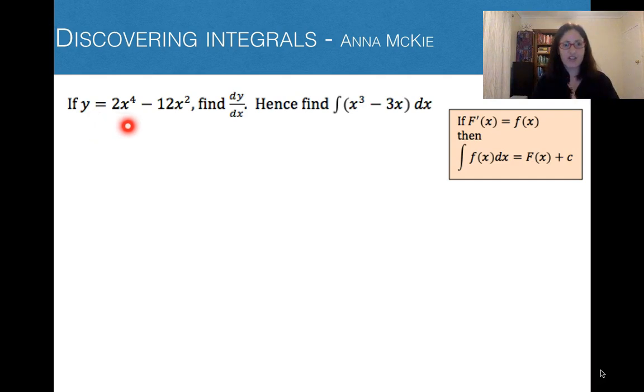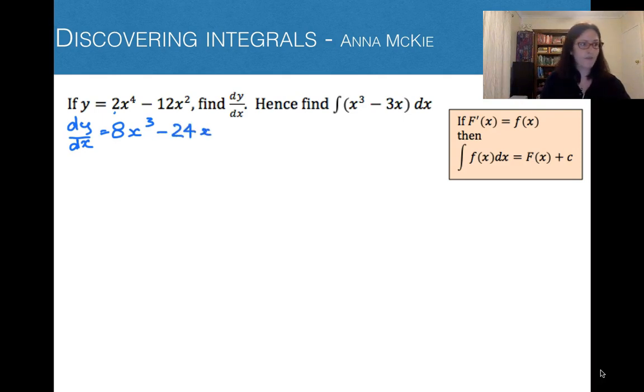Follow the instructions. Find the derivative. So let's do that. dy by dx, you take this y function and differentiate. So bring down the power to get 8x to the power of 3, and then bringing down the powers, 24x. All right, so there's your first step. Now the technique is to use this rule. You now integrate that derivative and put it equal to the function that you started with.